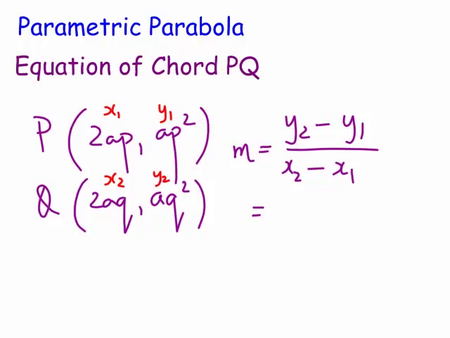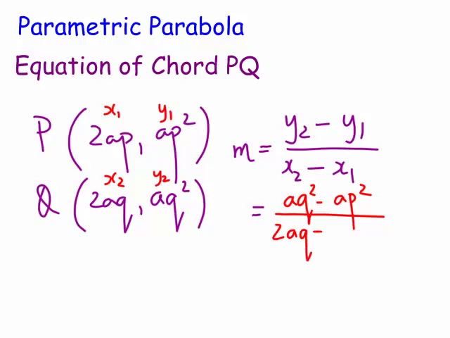Now let's put it in. y2, as you can see here, is aq squared minus ap squared, all over x2 minus x1, which is 2aq minus 2ap. Now we should be able to simplify this.